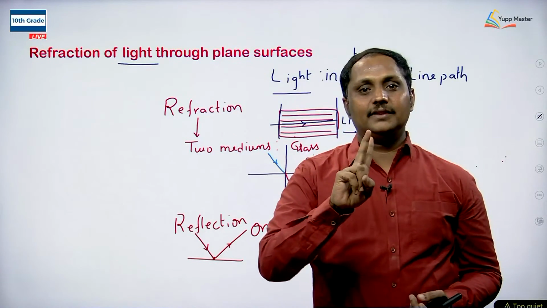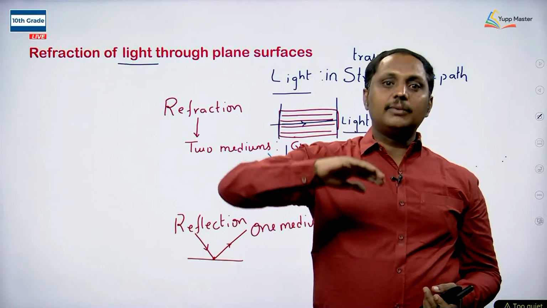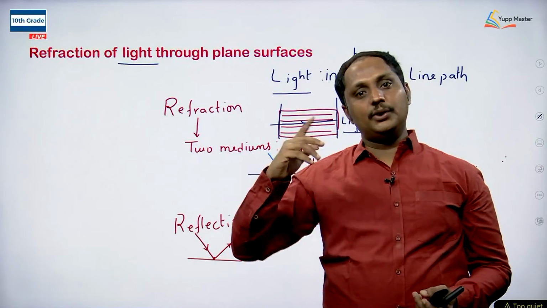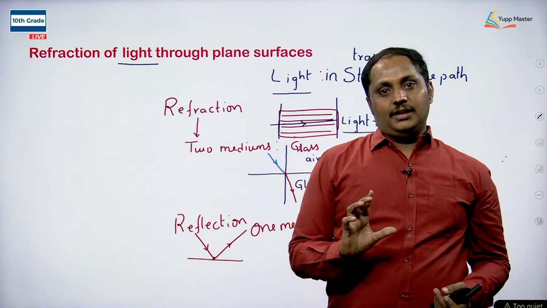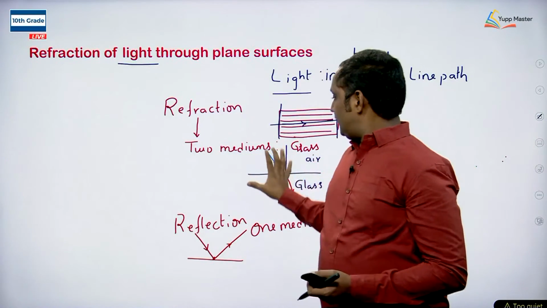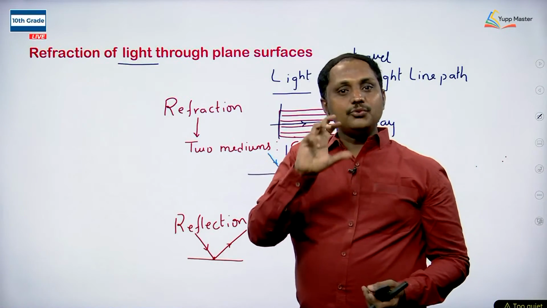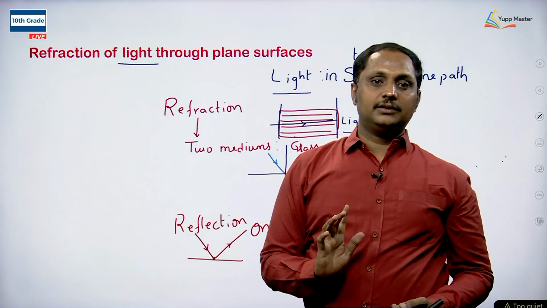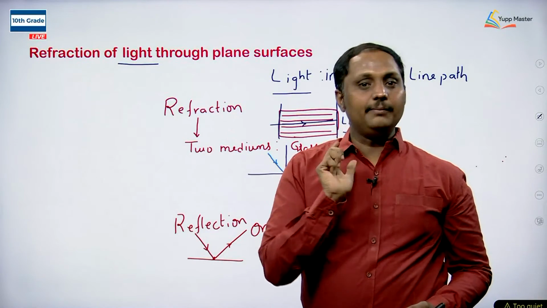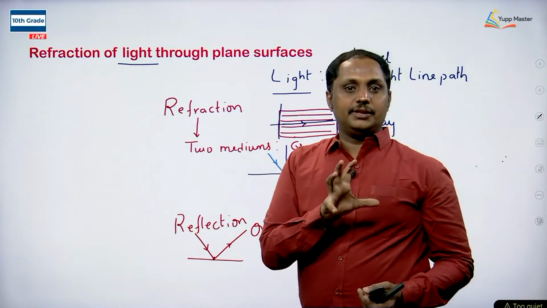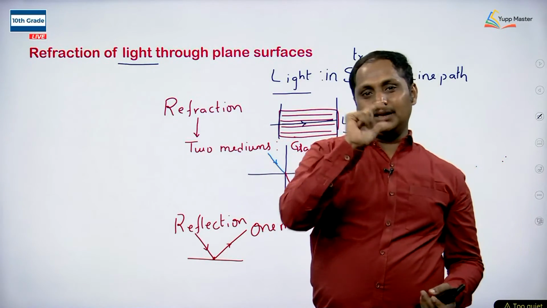If you allow the light rays to enter from a high density material to a low density material, or low density to high density, what happens? There exists a refraction. Light is allowed to move into different media whose densities are not the same. So there exists a change in its path.